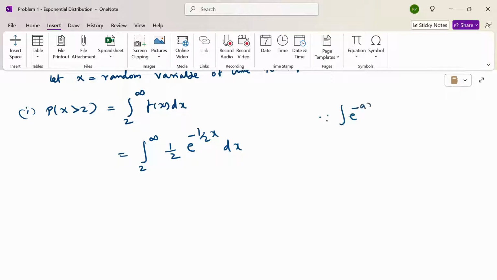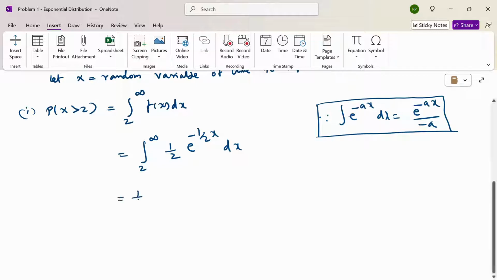Now what is the integration? The integral of e power minus ax dx equals e power minus ax by minus a. So this is our integration. Here a is 1 by 2. I am taking the constant 1 by 2 out. So e power minus 1 by 2 x, integration by minus 1 by 2, from 2 to infinity.